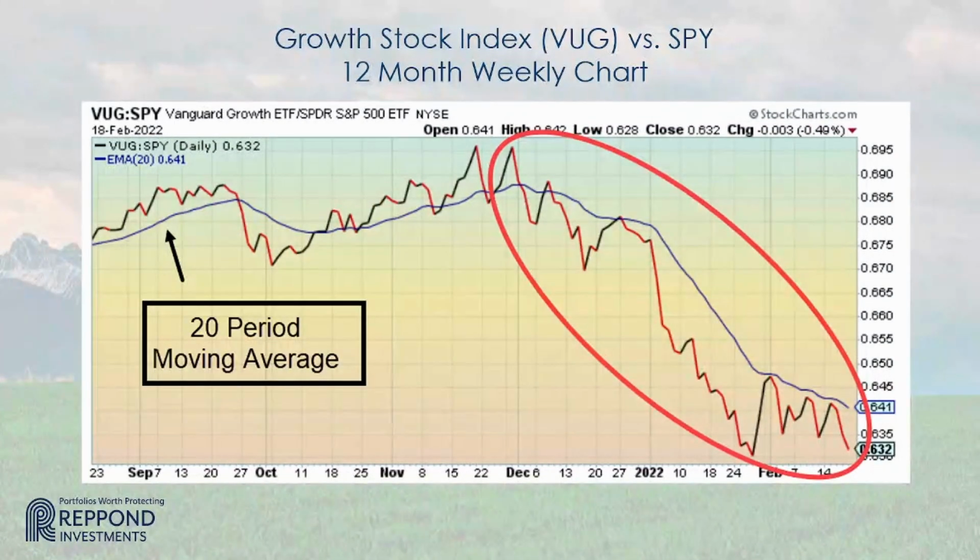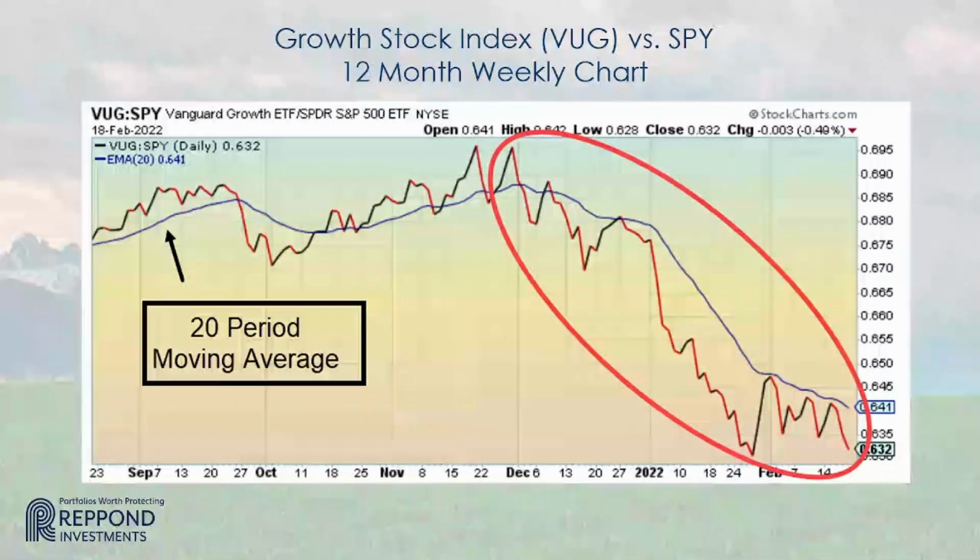So the more it moves down, the more it shows that growth stocks are weaker than the S&P 500 by that degree. And of course, if it moves upward, then it shows that during this period of time, it would be stronger than the S&P 500. So it's a relative chart.